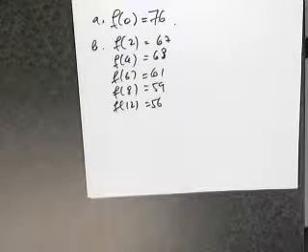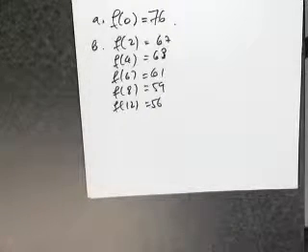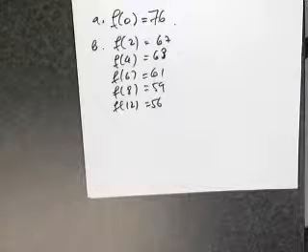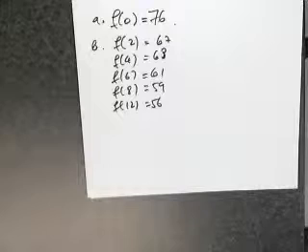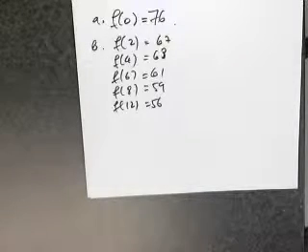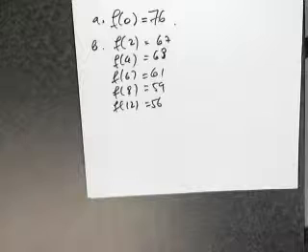Now, y minimum, and the scale of 2, that's fine. Y minimum cannot be lower than 0, so I'm going to put 0. And y maximum, I know it's 76, so I'm going to say 80, with a scale of 10. So let's graph.